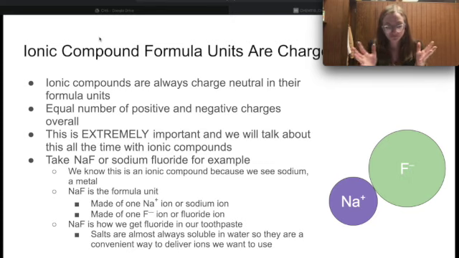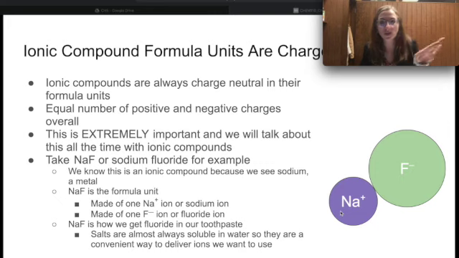So take NaF, for example, sodium fluoride. I have a picture of it drawn over here to the right for you. So it's a small little sodium cation. Cations tend to be smaller than anions. We'll talk about it as we start to talk about Unit 3. So this is one formula unit. I've just pictured here one formula unit.